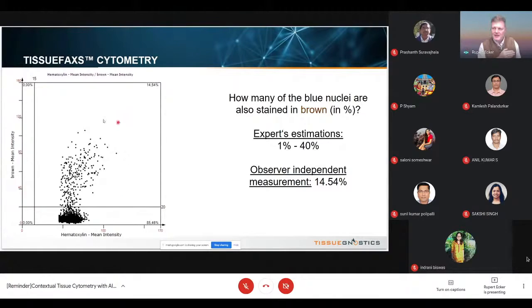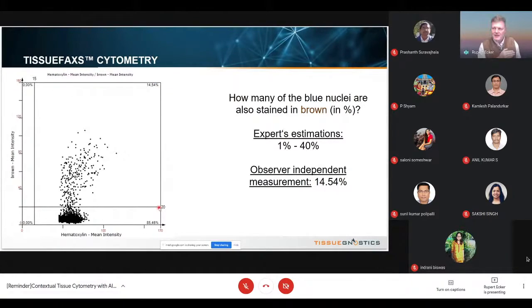Only cells with a staining intensity greater than the cutoff, in this case 20, will be referred to as positive. So we see here our positive population and below the cutoff our negative cells. And we also see that these are 14.5% of all cells which are Ki67 positive.